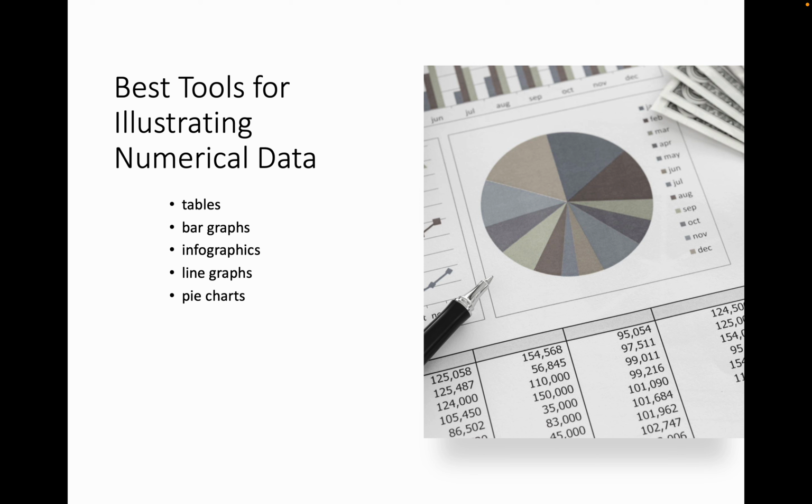So let's talk about your best tools for illustrating numerical data. This is going to be tables, bar graphs, infographics, line graphs, and pie charts. You are probably pretty familiar with all of these, even if you haven't created them yourself. Most of us know how to read these, and these are tools that are pretty readable for most of our audiences.